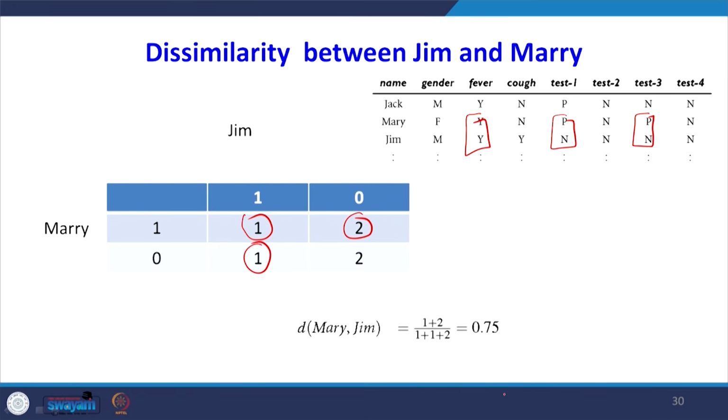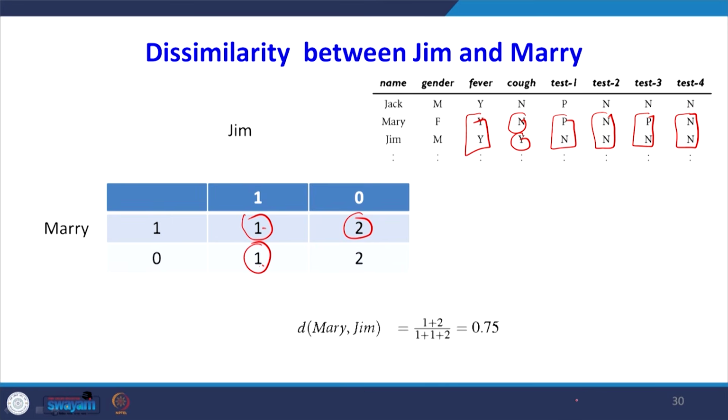Mary is 0 and Jim is also 0, and there are two such cases, so 2. So the asymmetric dissimilarity between Jim and Mary is 1 plus 2 divided by 1 plus 2 plus 1, that is 4, so we got 0.75.